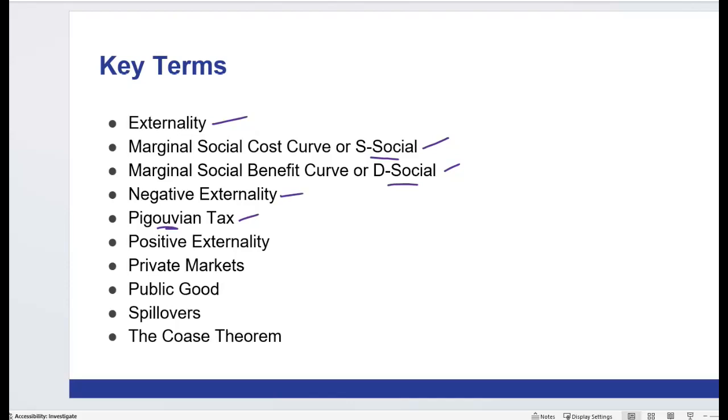Externalities can be positive or negative. The private market does not include the externality. Then we looked at how the Coase theorem can be used to privately resolve them. And then last of all, we defined the different types of goods with non-excludable goods.